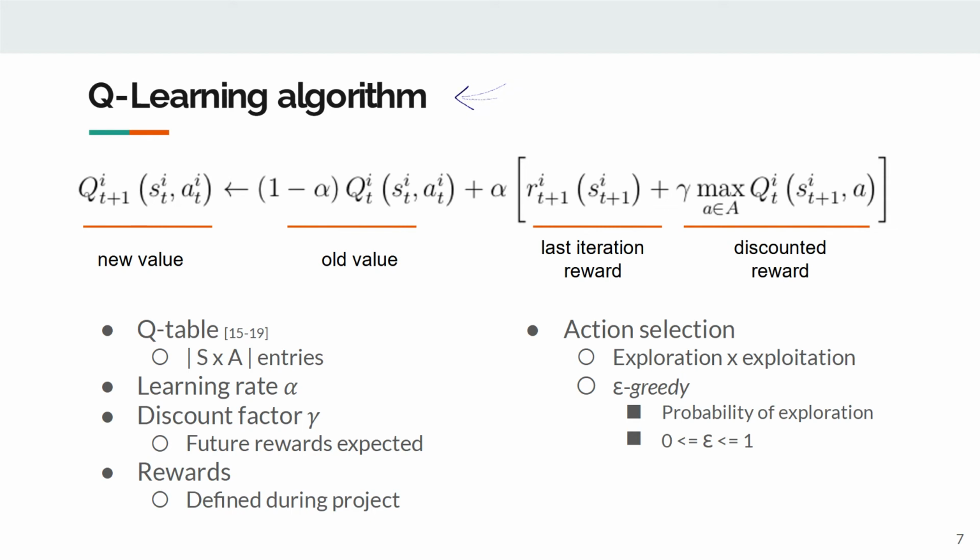The Q-learning algorithm can be used to apply the reinforcement learning concept. It is an algorithm executed periodically in the application. It uses a table with the same size of the number of states times the number of actions to store key values, which are the long-term rewards that an agent can expect to get by taking an action in a specific state.